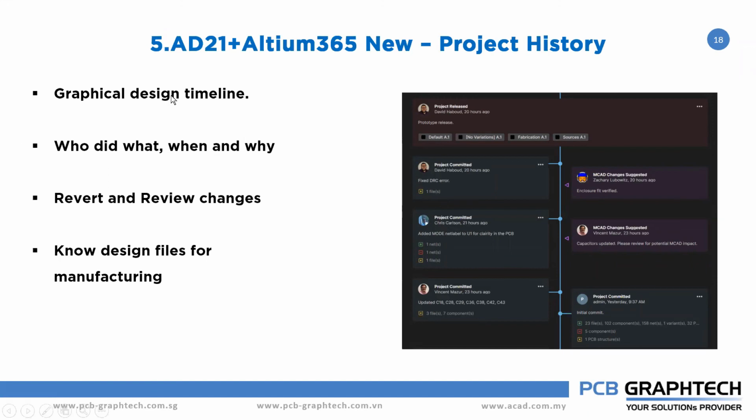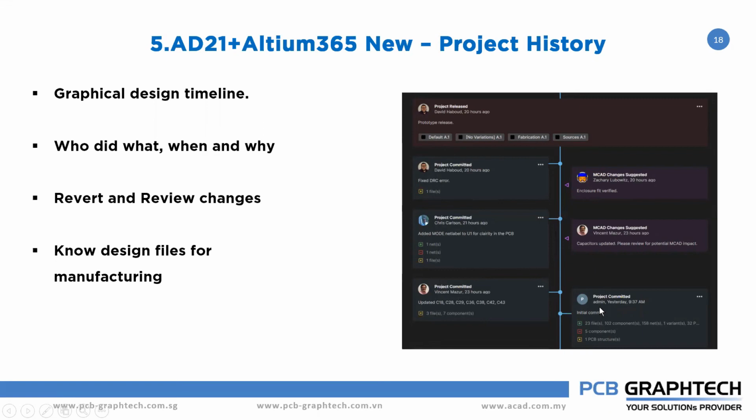It gives you the design timeline, like the releases of your project in the project history. You can see who committed to the project and who made changes to it. All the information, the nets or the components, whatever changes were made, you can see here. You will also know who is involved in the same project.